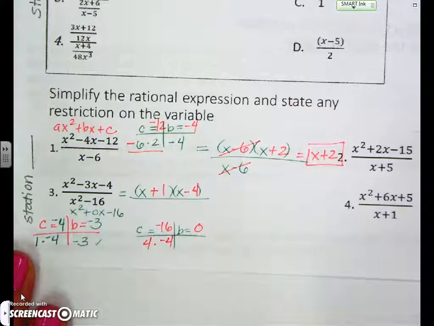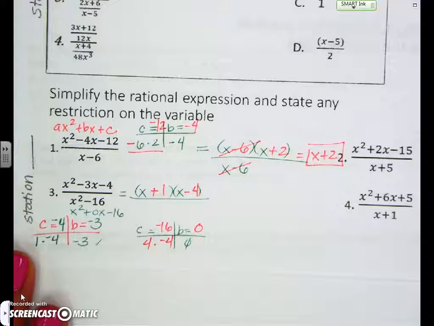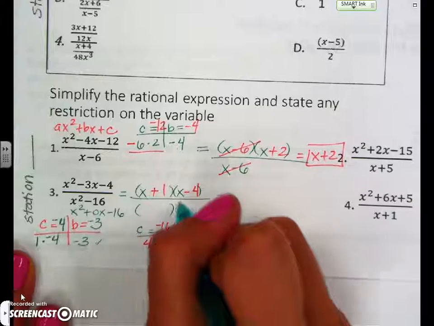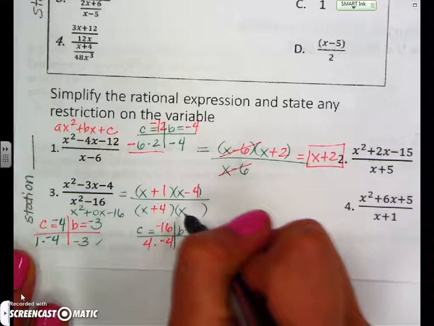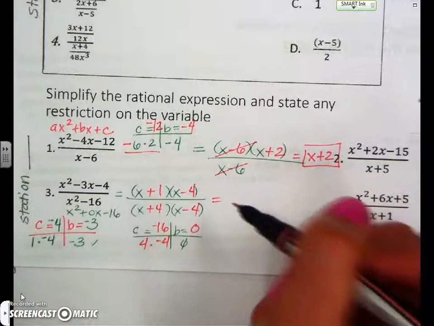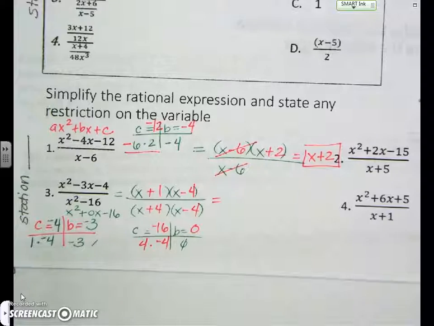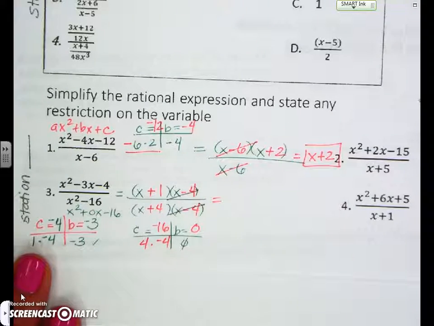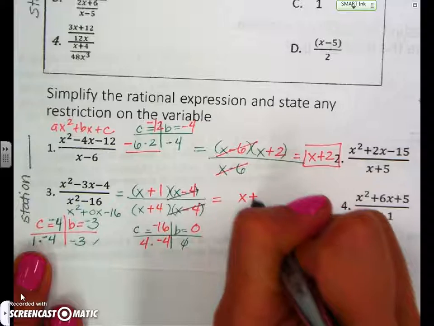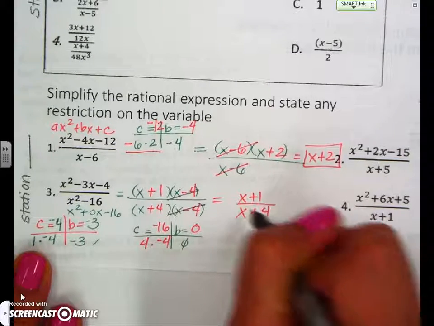If I add those together, that adds up to 0. So your factors, again, you do your parentheses, you separate your x's. You're going to put x plus 4 and x minus 4. Now, is it easy to see what you can cancel? What can I cancel from the top and the bottom? X minus 4 only. So now your final answer is x plus 1 over x plus 4.